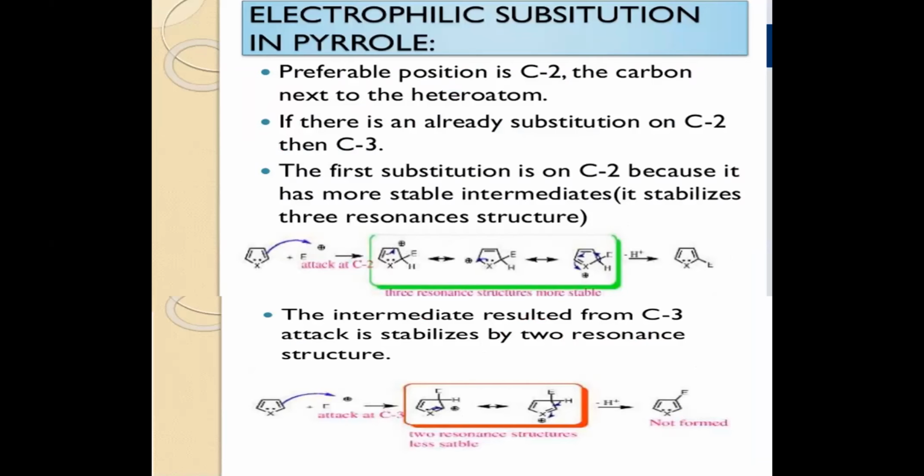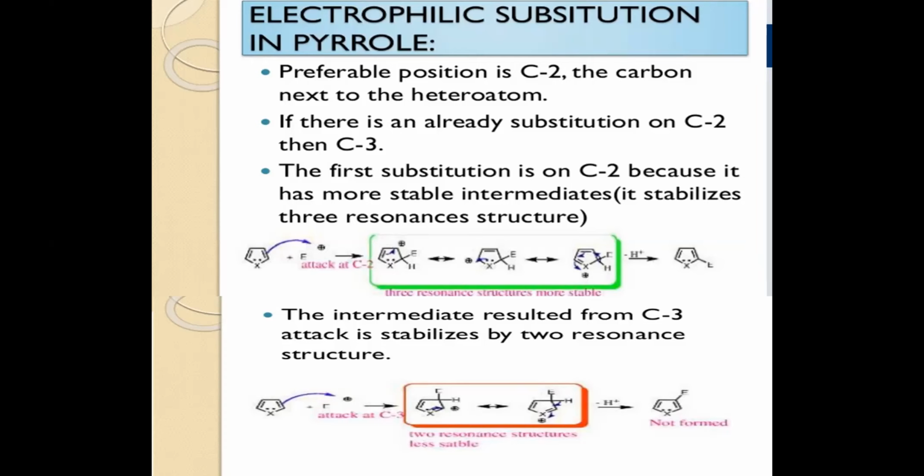Okay. Why does it prefer the second position? In doing so, the chance of the charge coming on the heteroatom, that is nitrogen, is less. So it's stable, and it has 3 more resonating structures, as you see in the green, whereas when the attack takes place at C3, you get only 2 extra resonating structures.